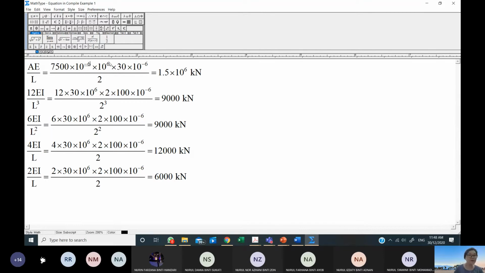Then we multiply with E, which is 200 gigapascal, and the length is 7.5. Please have some time to do this. I will collect this from you later.